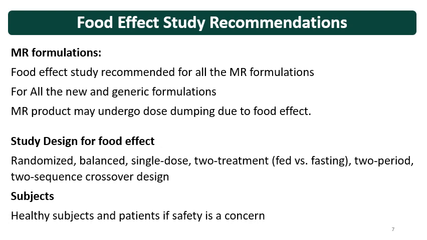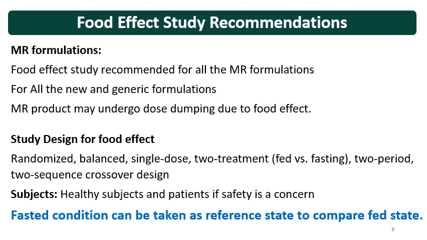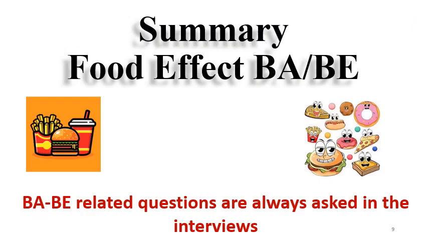Then as per the recommendation of the reference product, you can go for the fasting or fed state. Fasting state is considered as a reference state to compare the fed state. So if you are comparing the fed state, then the fasting state results of the bioequivalence study will become the reference and can be used to compare the fed state.